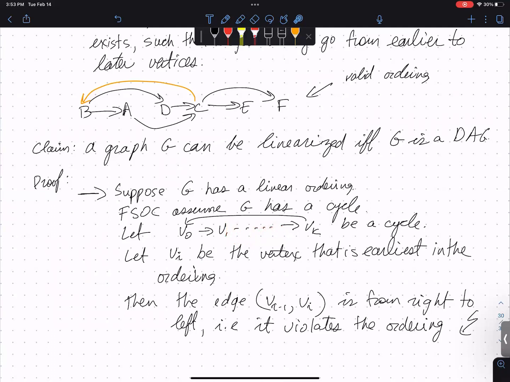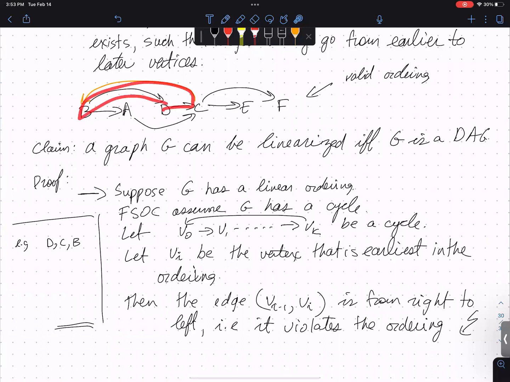For example, D, C, B in this top graph is a cycle.